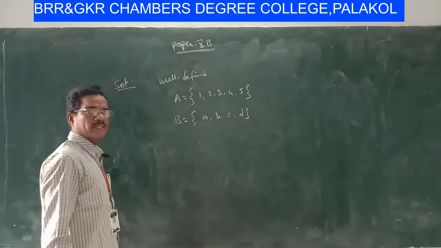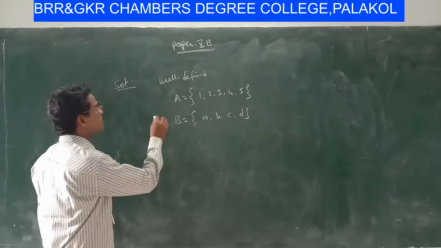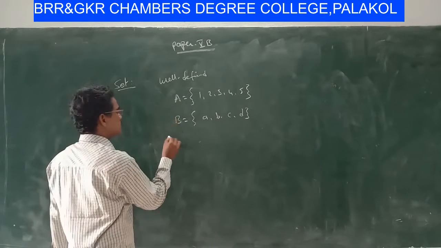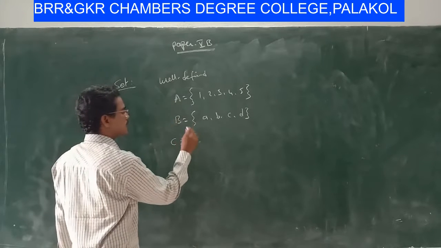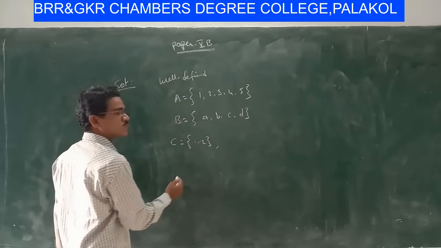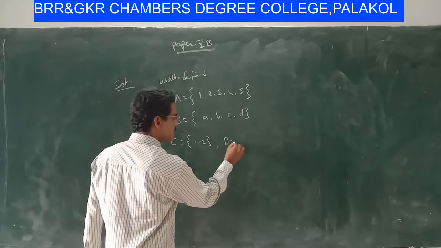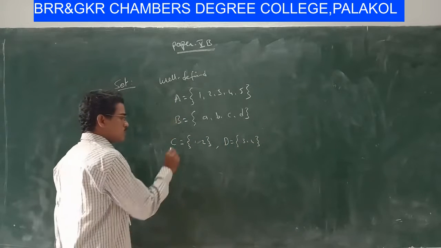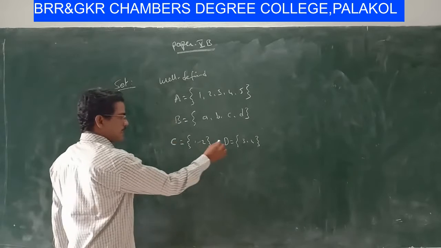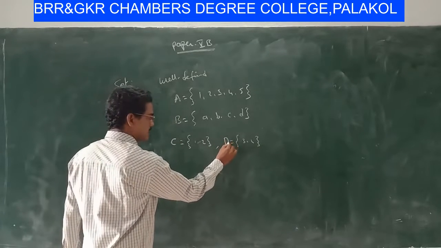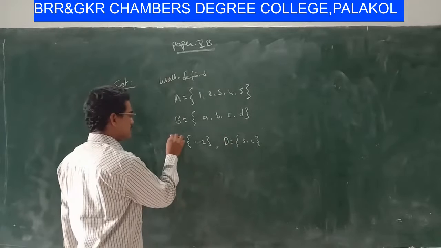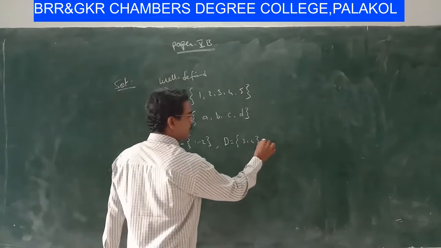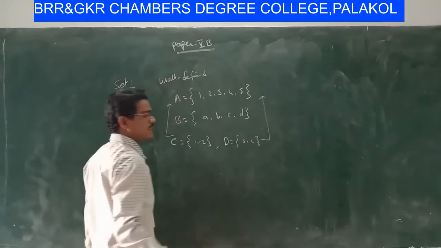This is also a set. Now subsets. Suppose C equals {1, 2} and D equals {3, 4}. Now C and D are sets, and C is a subset of A and D is a subset of A.